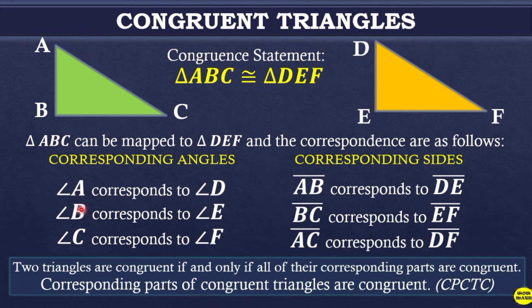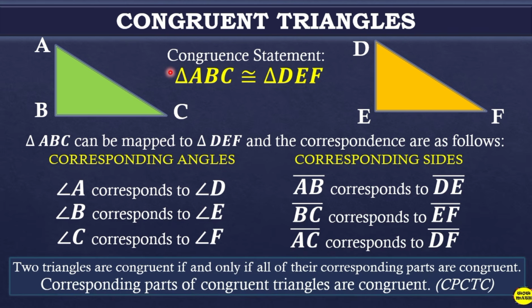And then si angle B congruent kay angle E, si angle C congruent kay angle F, as well as segment AB congruent kay side segment DE. So, ganun din po dito sa iba. So, kapag congruent yung dalawang triangles po natin, congruent din po yung corresponding angles and corresponding sides. At yun po yung sinasabi na corresponding parts of congruent triangles are congruent. Okay, so ang tawag po natin dito, this is what we call the congruence statement.